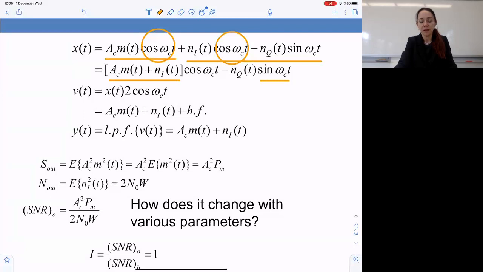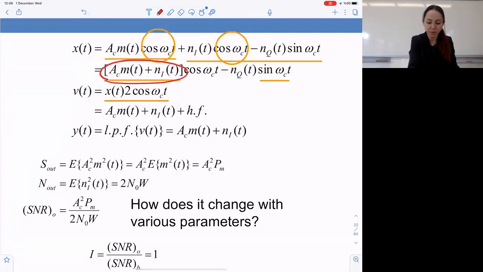Okay. So now let's consider the mixer. The mixer is going to multiply this by twice cosine ωct, which will pick up the first term, this term. It will pick up this term.